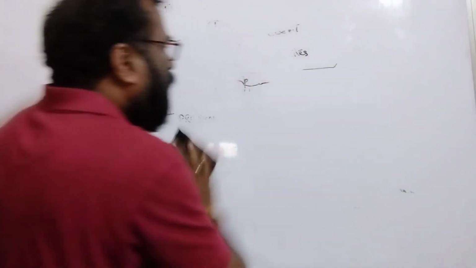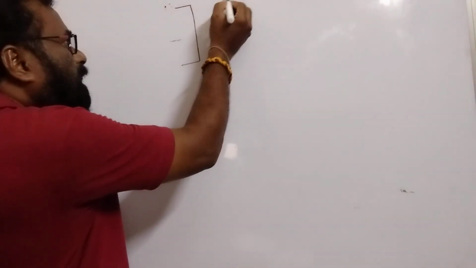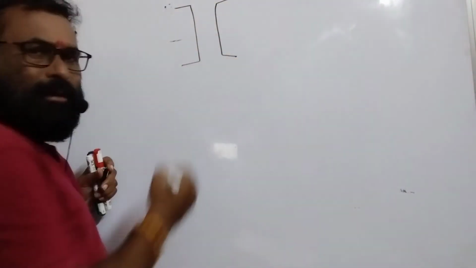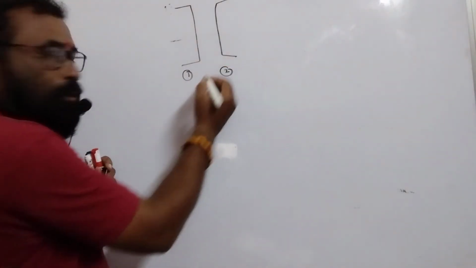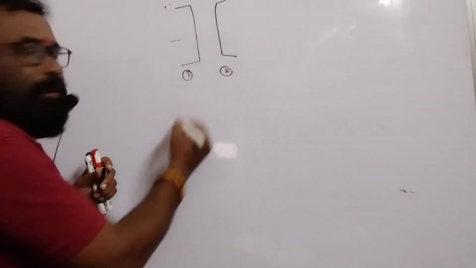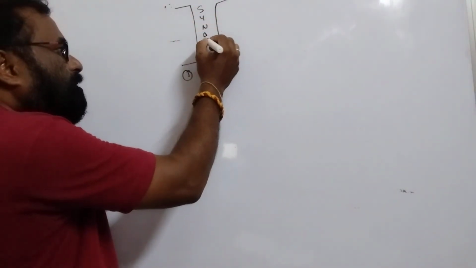I am taking one neuron. This is neuron 1, the axon terminal. This is neuron 2, the dendrites. This gap is called the synaptic cleft.